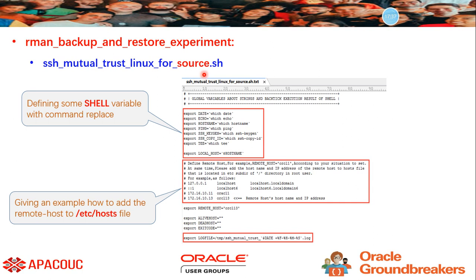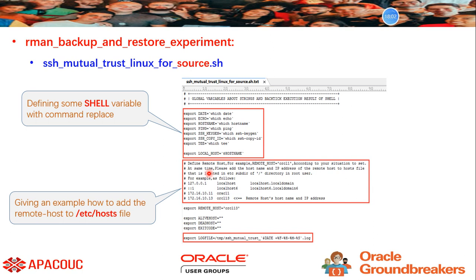As you can see, I first define some shell variables with command substitution, using a couple of shell operators, reverse ticks, to return the running results of who, date, echo, hostname, ping, and so on.